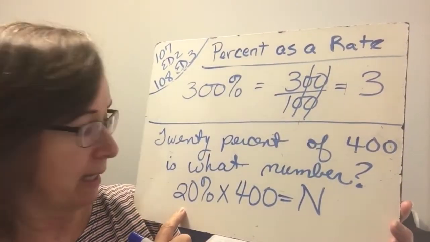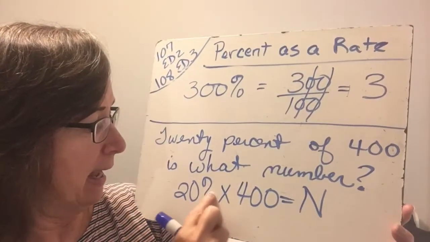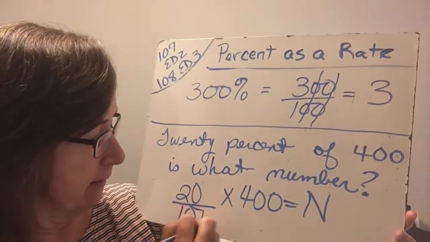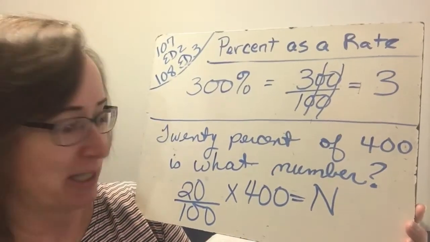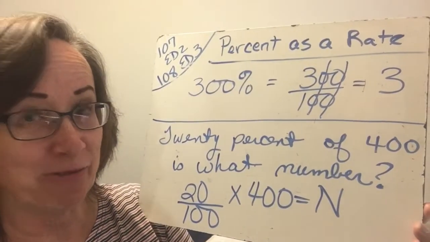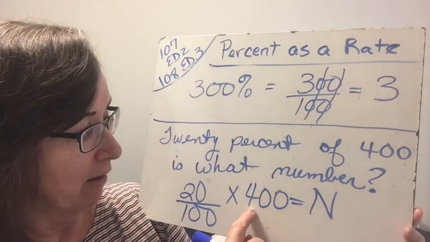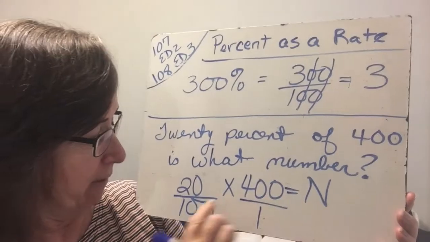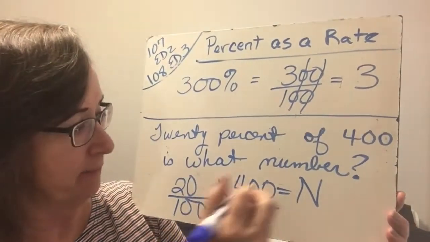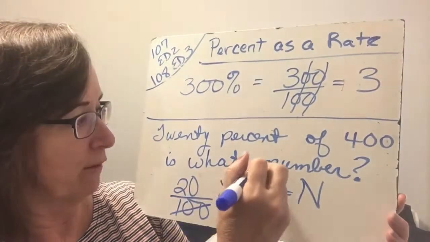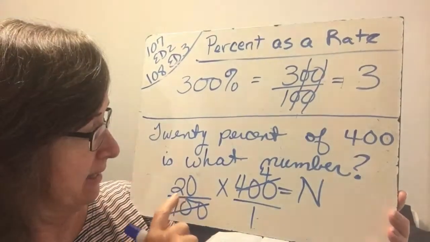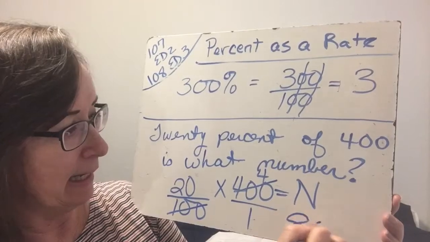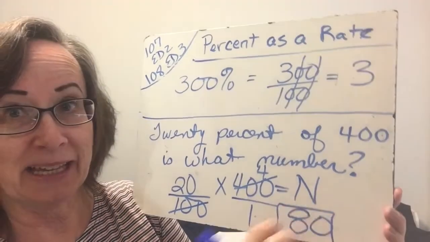Well, 20% is the same thing as 20 over 100. Now, I'm going to leave it like that for just a minute because that's a very easy form to calculate it in. Look, 400 is here, and that 400 is over 1. 400 and the 100 will cancel with a 4, and our last step is 20 times 4 is 80, so 80 is equal to n.